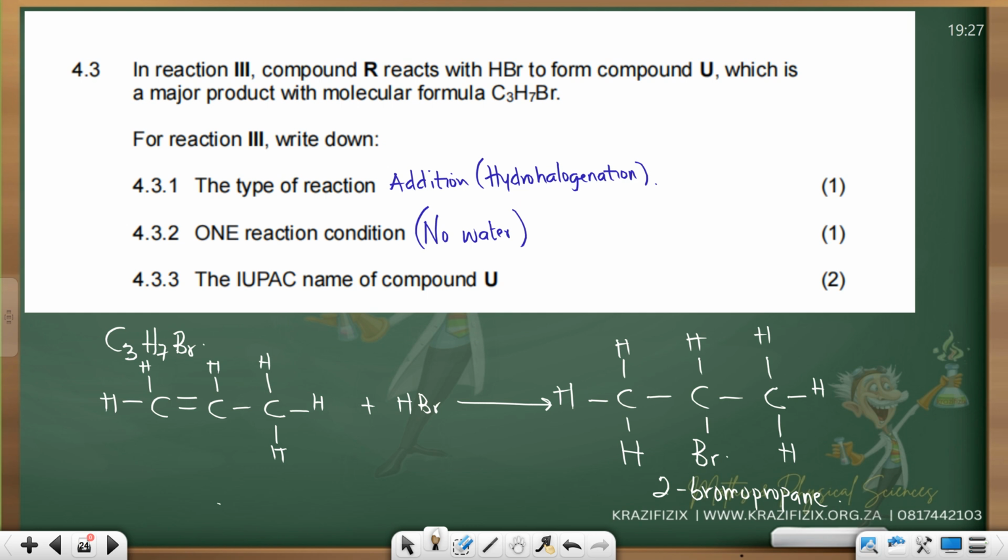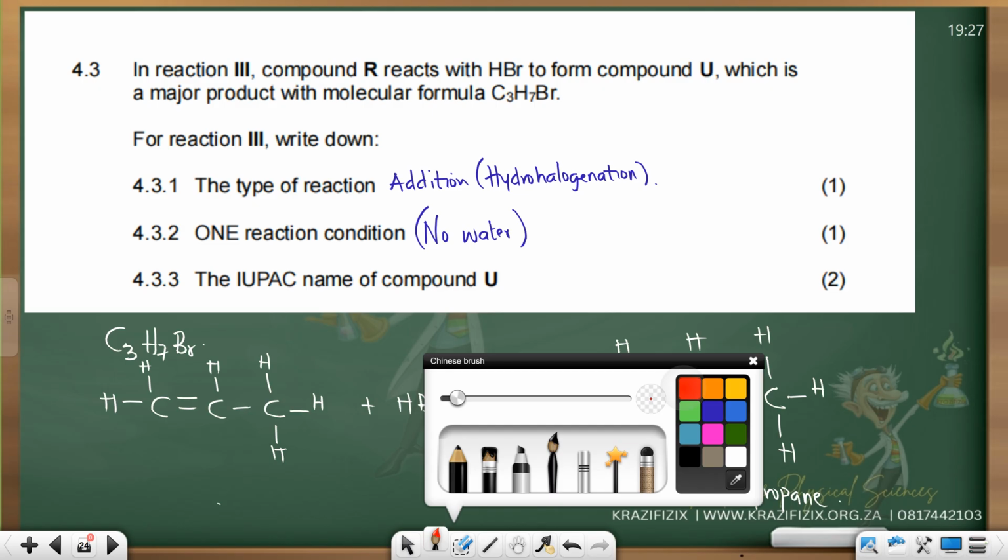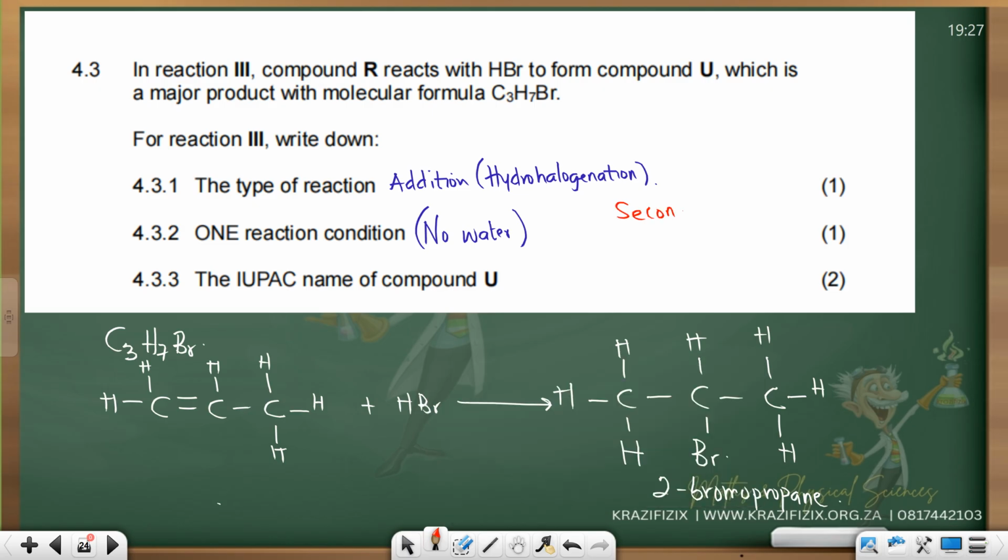Kian was the one that told me what goes on carbon 1, on carbon 2. It's secondary. Can anybody give me a reason why? Because the carbon the halogen is connected to, the carbon attached to the halogen, is attached to two carbon atoms.